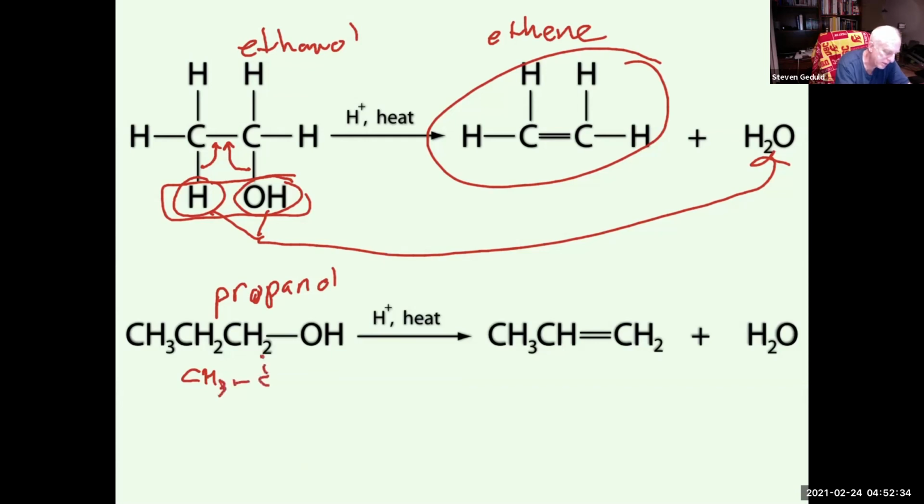CH3, CH2, CH2, OH. We're going to get rid of the OH and the H, dehydration, and we're going to produce CH3, CH, CH2. And we're going to produce propene.